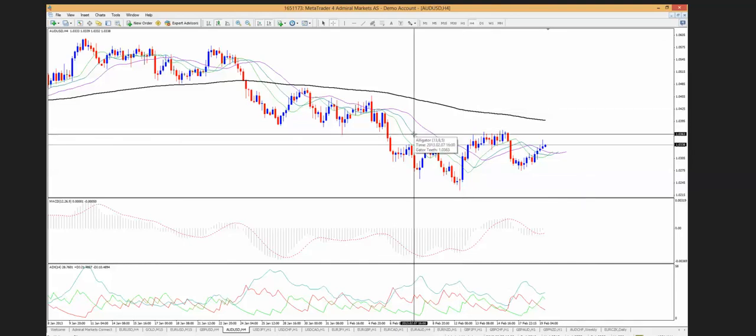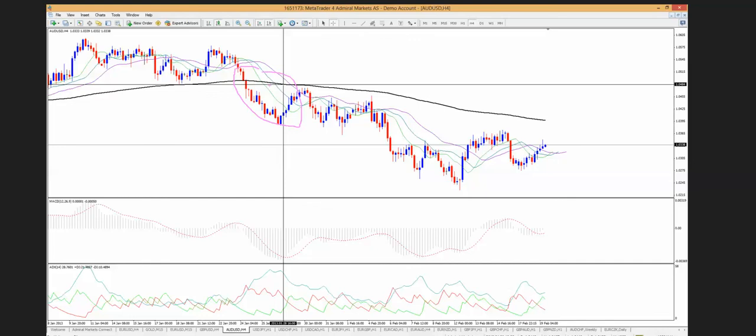You can see that this is the 200 EMA I'm using now, Andre. When price is under the alligator and the alligator is under this long-term black moving average, that's like the optimal setting. Now, it didn't work out too badly here either, when price was under the alligator and the alligator was still above the long-term moving average.